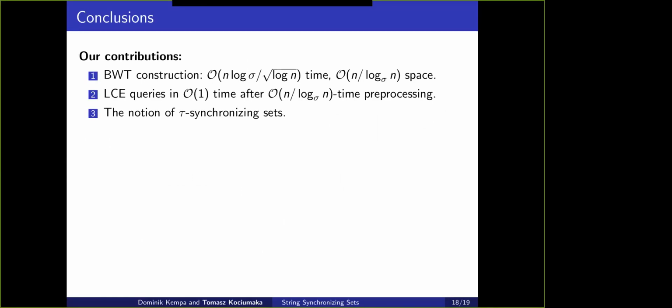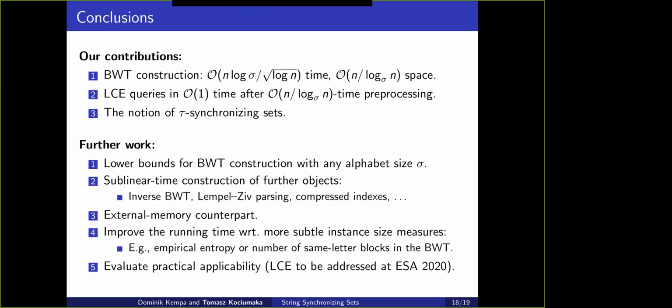So to conclude, the contributions of our paper are, first of all, the Sublinear-Time BWT Construction algorithm and an optimal data structure for LCE queries. Both these contributions are achieved through synchronizing sets, which are similar to but more powerful than partitioning sets. And there is some further work stemming from this research, some of it already addressed.